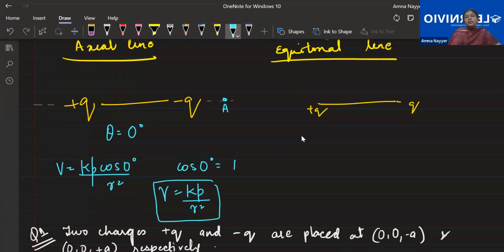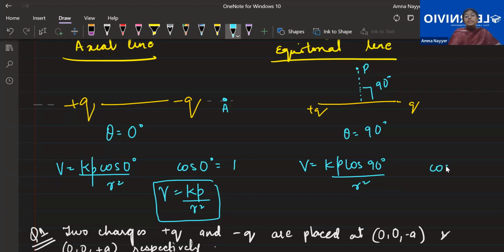But see, in the other case, when you have the equatorial line, the point is somewhere here. So this angle becomes 90 degree. Theta is 90 degree for you. V will be Kp cos 90 degree divided by R square. What is cos 90 degree, Jesleen?